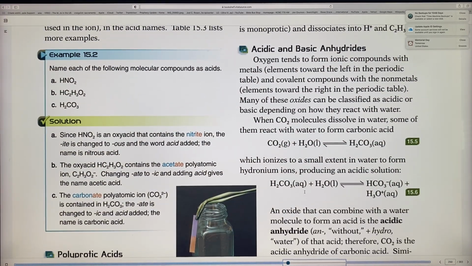So, acidic and basic anhydrides. Oxygen tends to form ionic compounds with metals. And these metals, of course, are on which side? The metals are on the left side.